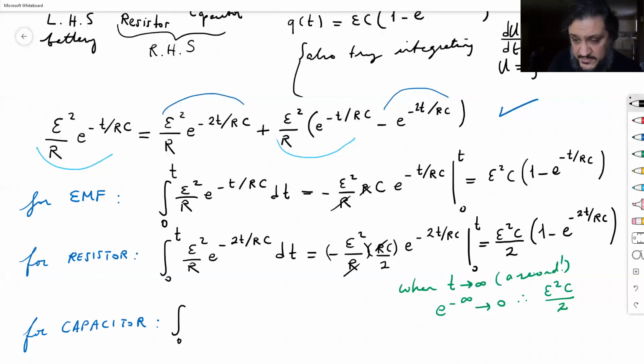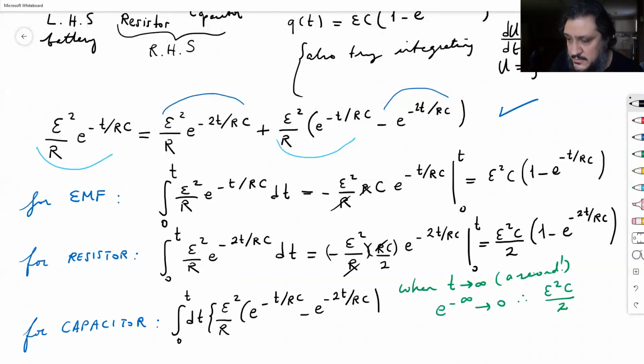So 0 to t. Now I'm integrating what? This term here, E squared over R, e to the negative t over RC minus e to the power negative 2t over RC. All right, so you can take that integral.